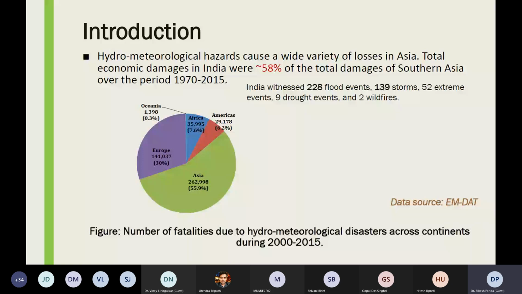If you look at the number of fatalities over Asia, America, and Africa, you get the idea that around 56% of the deaths happen in Asia. So with respect to economic damage as well as mortality, Asian countries, including India, do not have much coping capacity to minimize the losses.